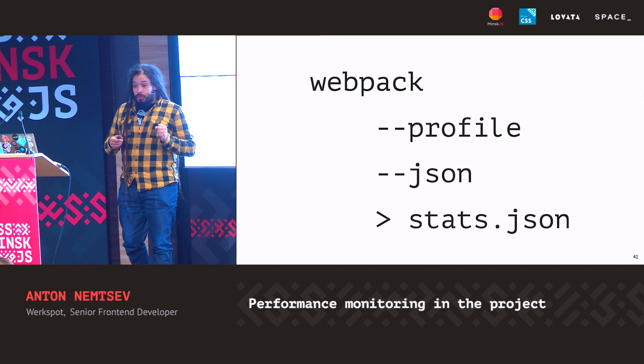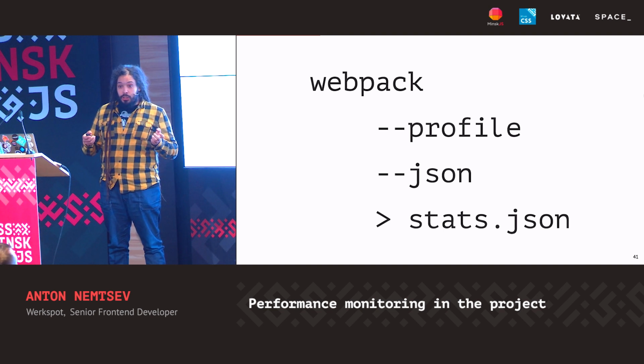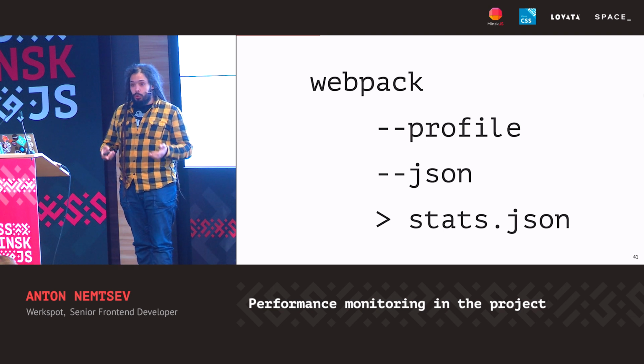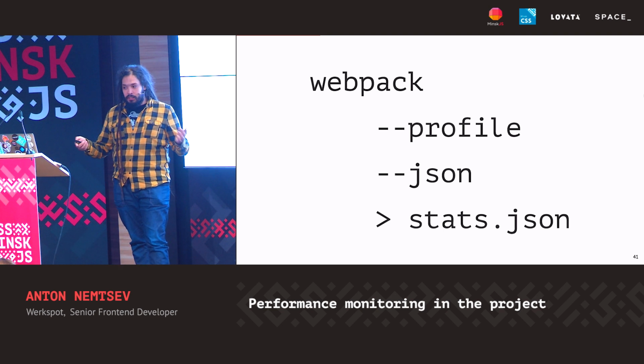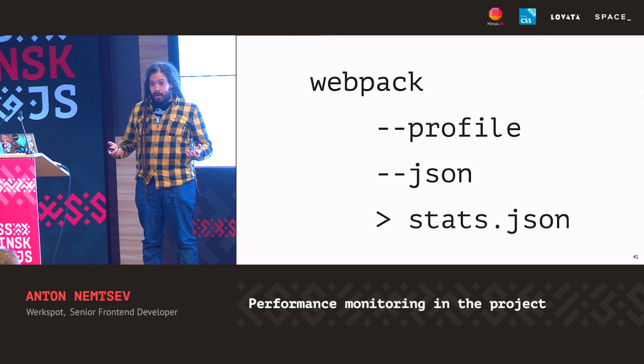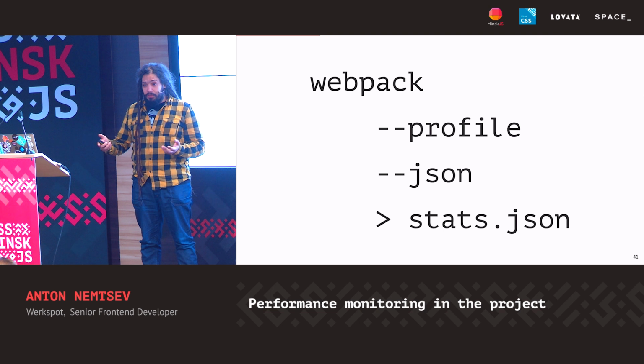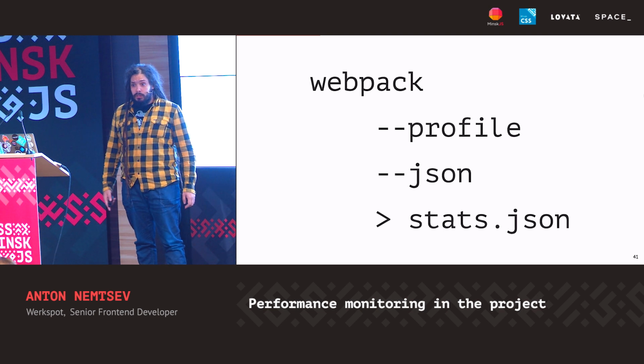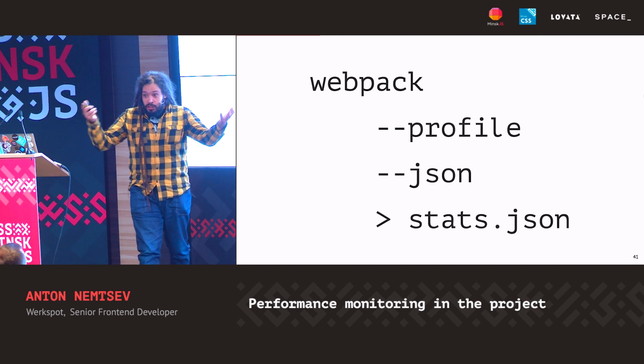And also, if you pass the profile and JSON flags to Webpack, you will have a nice report that will include all the data you ever need. But hell, who actually nowadays writes an SPA from the ground up? Now we use what?